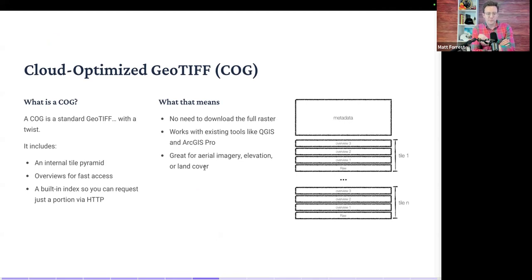So cloud optimized GeoTIFF is really just a GeoTIFF. There's nothing different. It still ends in .tif or .tiff, but it includes a few things. There's a tile pyramid, right? So that's that structure that allows you to create these overviews of data. The tiling splits it up into those grids, 512 by 512. Overviews, as you can see here within each tile.